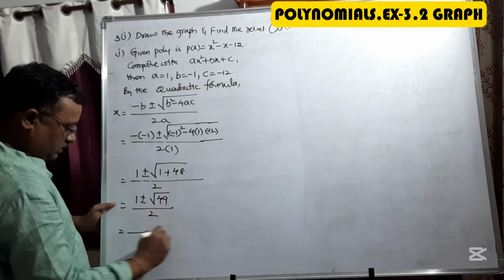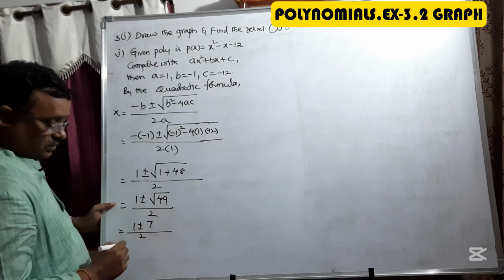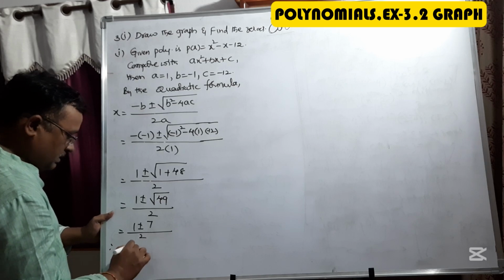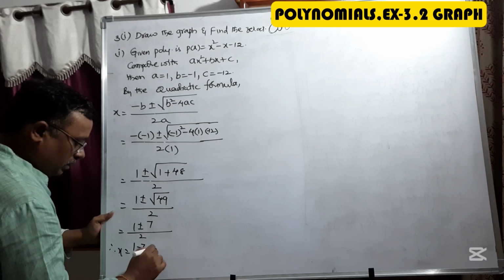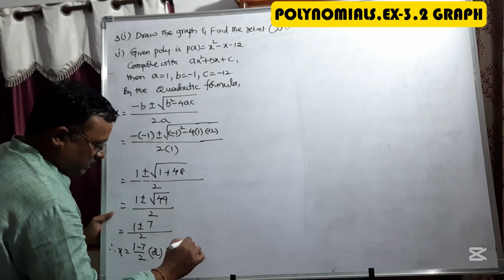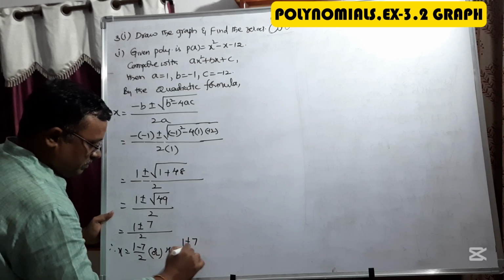This is equal to 1 plus or minus root 49, value is 7, by 2. Therefore, x values are equal to 1 minus 7 by 2 or x value equal to 1 plus 7 by 2.